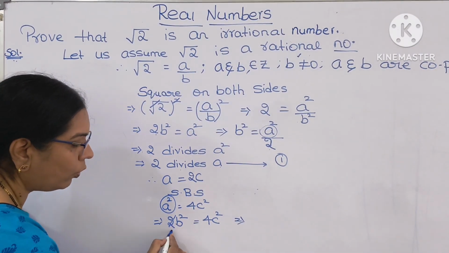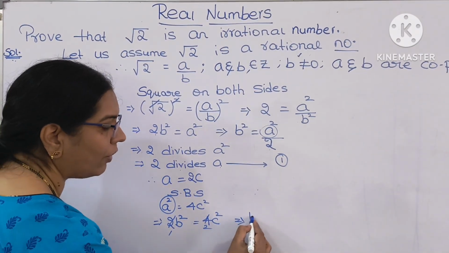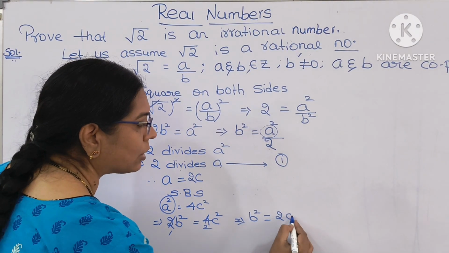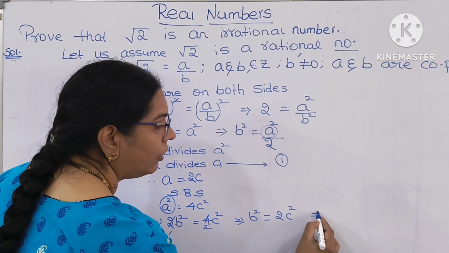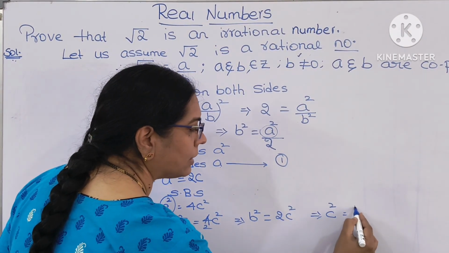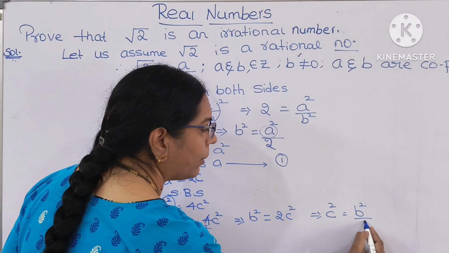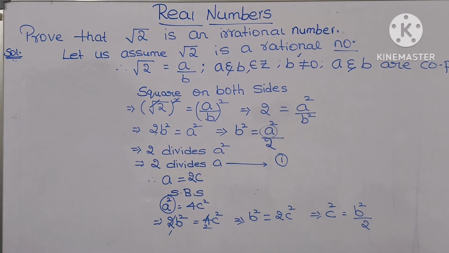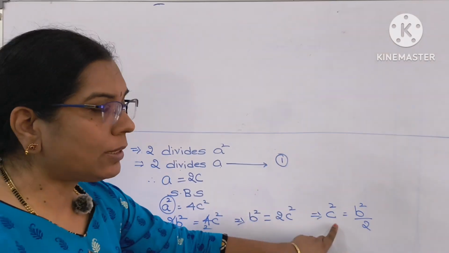Continue. 2 ones are 2, 2 twos are 4. So what am I left with? b square is equal to 2c square, which implies get 2 to the other side. c square is equal to b square by 2. What is the meaning of this?